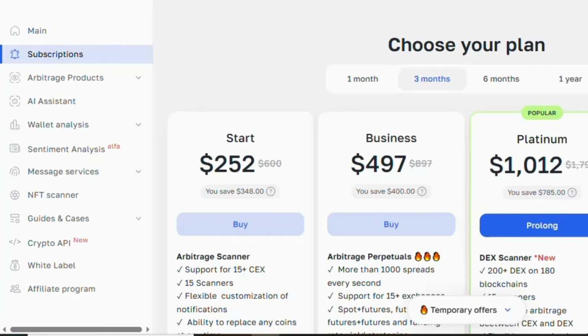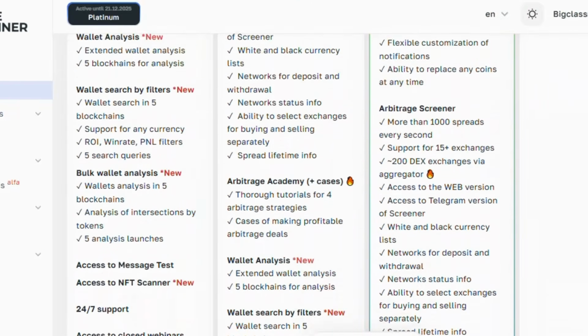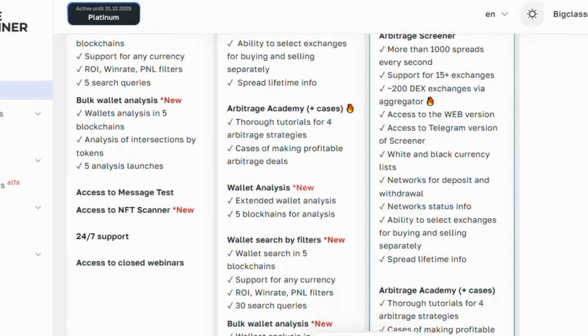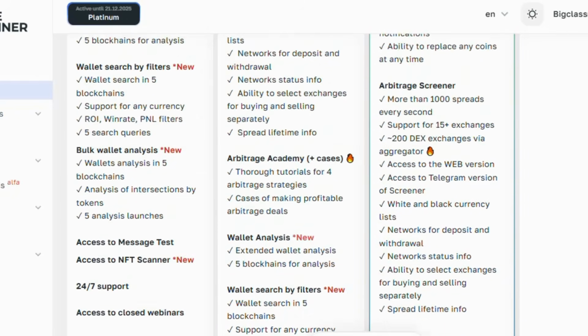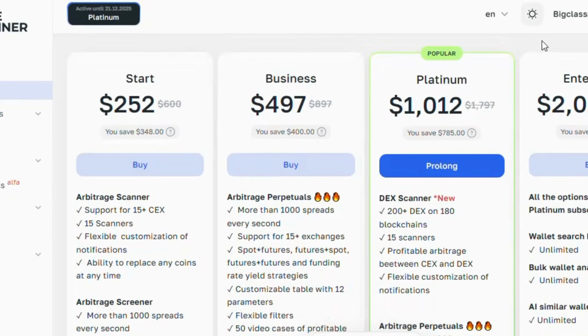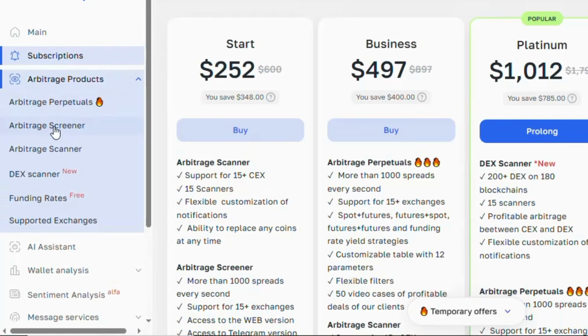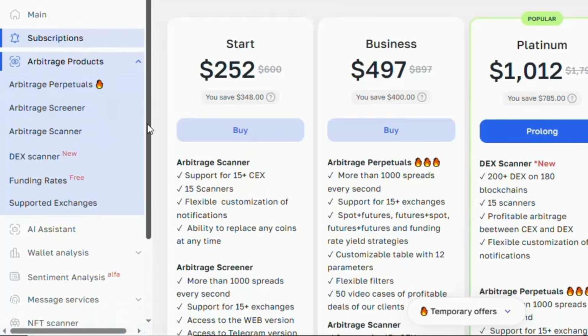Now they are all cool, and to see the benefits of what you're getting, you have to scroll down. You can see the one I'm using has a lot of things involved here. This is actually nice, and there are other things apart from this. You can still see the AI assistant, and just in case you don't want arbitrage on spot, you have the funding rates, which is for futures trading, perpetuals also for futures trading, and a lot more.